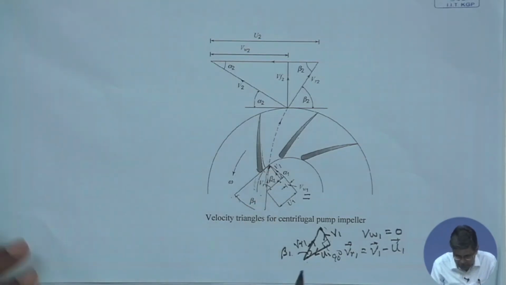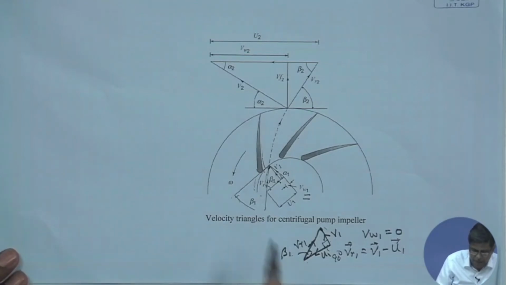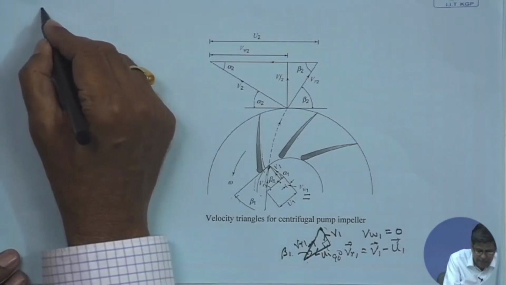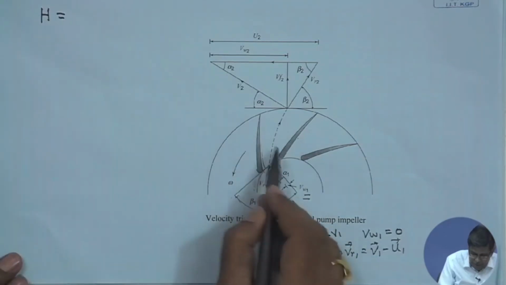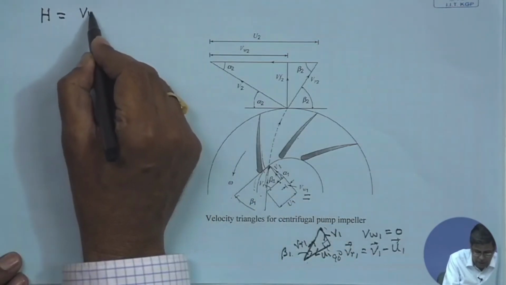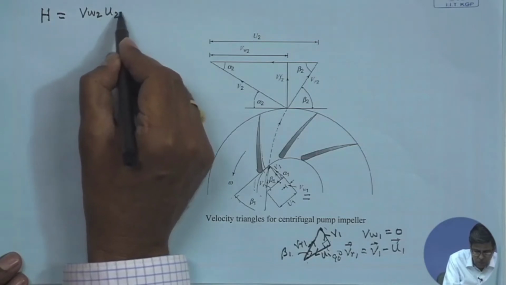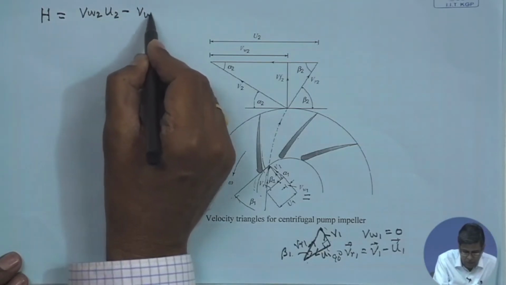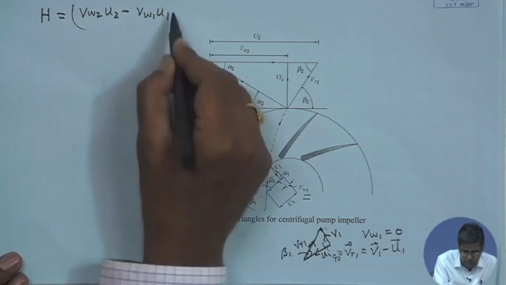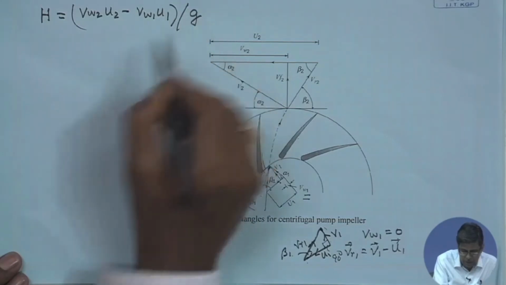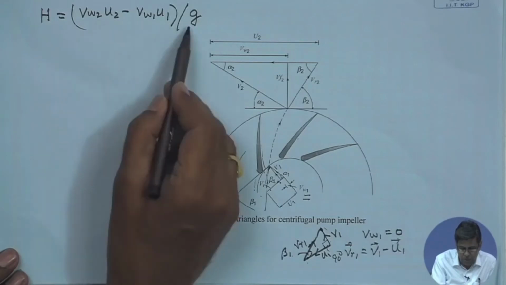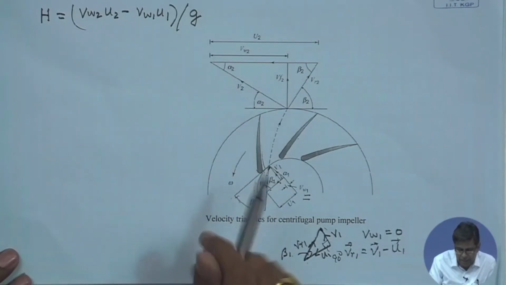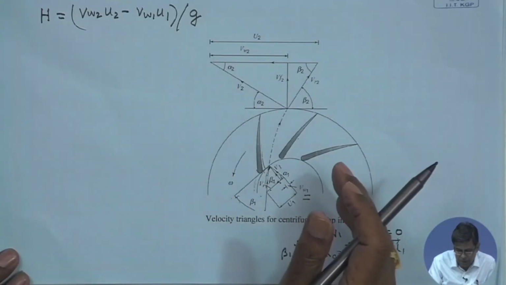Okay. Now, this is done because you know that H, that is head, which is given to the fluid, is (VW2 U2 minus VW1 U1) by g. That we already developed as Euler's turbine equation. (VW1 U1 minus VW2 U2) by g is the head delivered by the fluid in the case of a turbine.